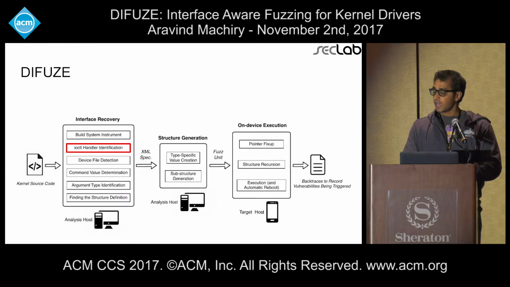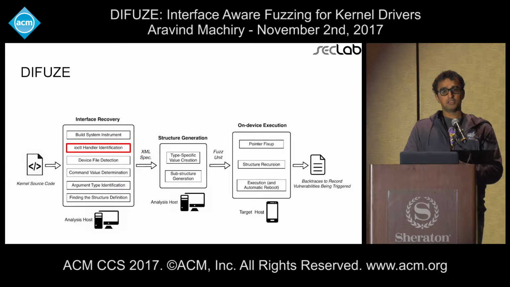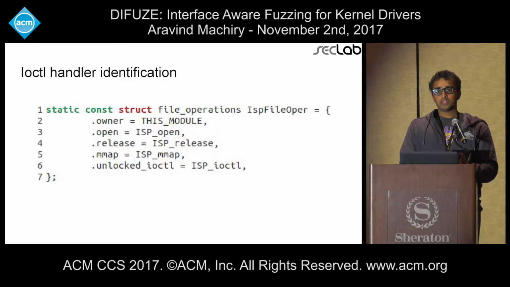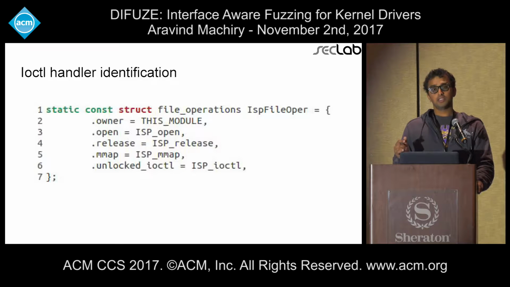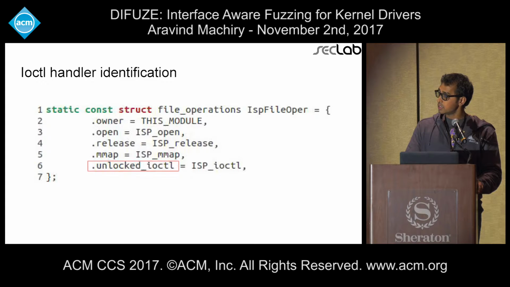And the second is ioctl handler identification. Here we need to identify the function in the driver which handles the ioctl system call. The way we identify it is there is a standard mechanism which each driver uses to register an ioctl function. It is based on defining a file operation structure and assigning the function to the ioctl field of the structure, specifically unlocked ioctl.